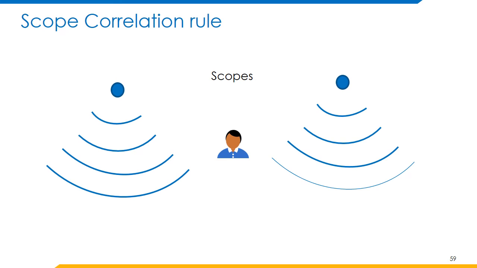The inputs provided to this rule are identity, scope correlation attribute name, and scope correlation attribute value. The scope correlation attribute could be configured in the configure scopes page in the global settings.